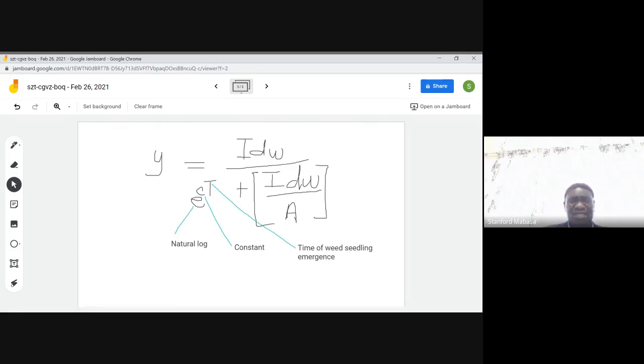They proposed what they called relative leaf area.